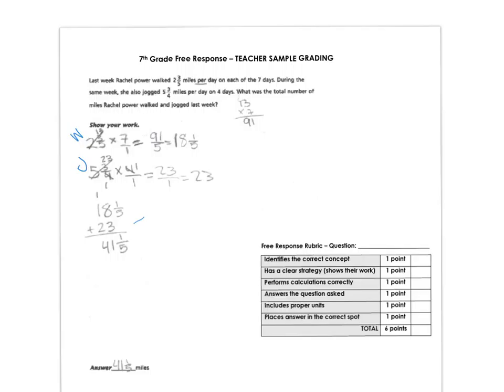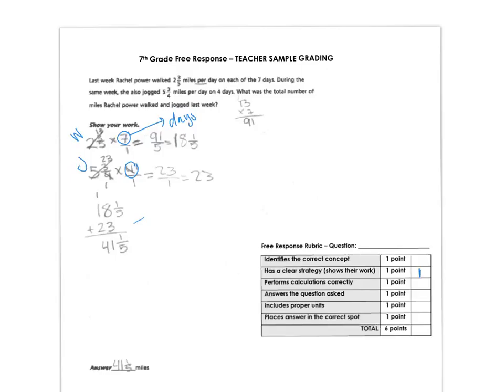And I'm seeing that she's multiplying that by 7 and by 4, which was the days that she did those certain things. So I'm actually seeing that they're doing the correct thing and applying the correct strategy. So I'm going to say 1 point for strategy for sure.